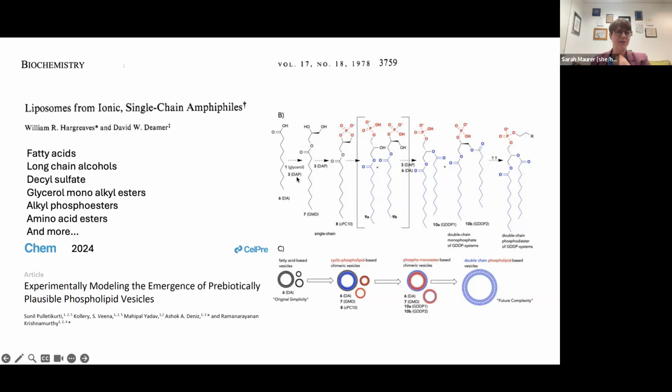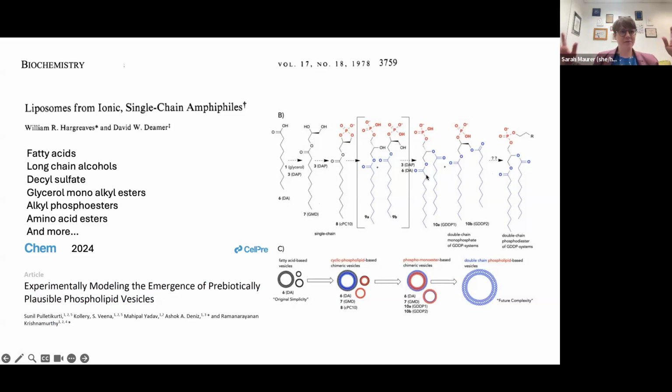This is an activated phosphate group, and that gives you this glycerol monodecanoate, GMD. And this is better at forming membranes than our first molecule. And then you can add a phosphate to this, and this is even better than the previous two molecules. And so there's this accretion of better and better membrane formers for the origins of life.